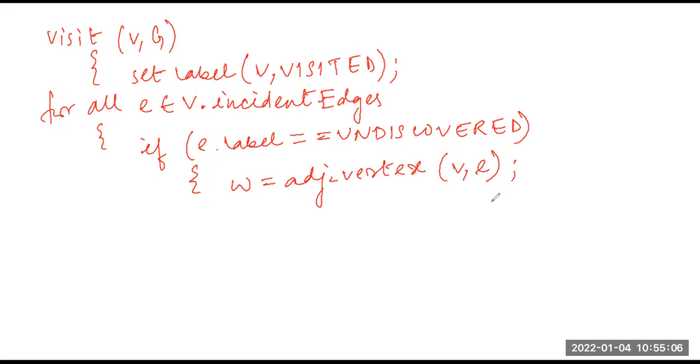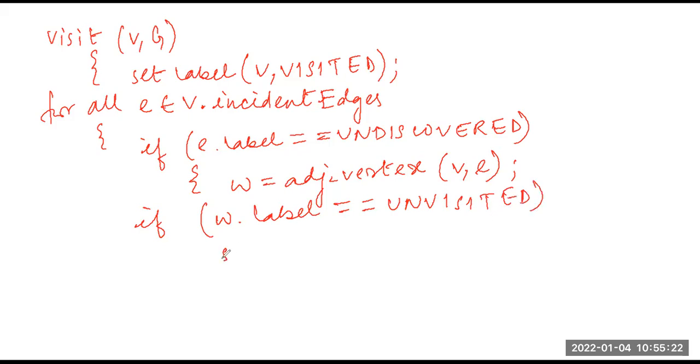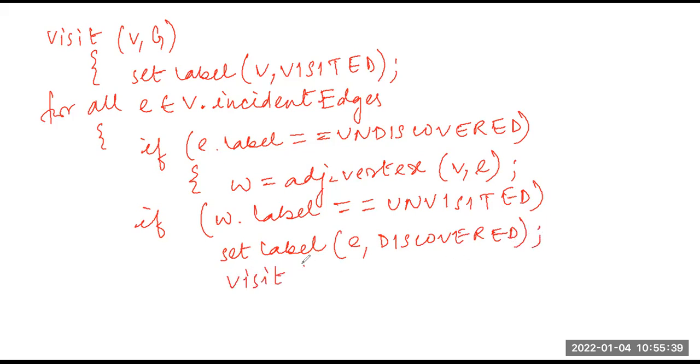Fine. Then I will check with W: if the label of the new vertex is unvisited, then I will set the label of that edge to be discovered. Fine. And I will visit the new vertex from my graph. Clear?